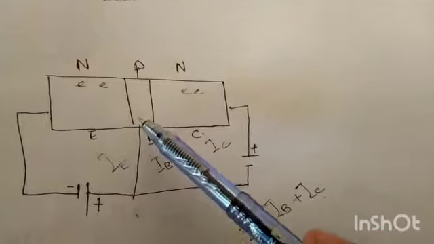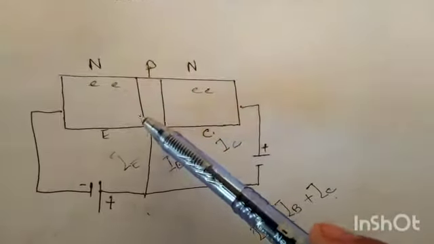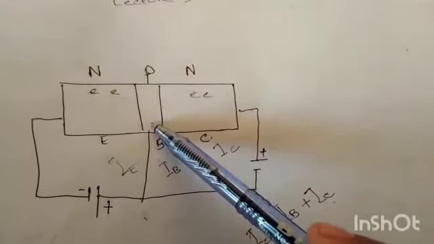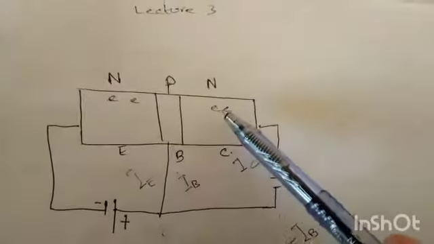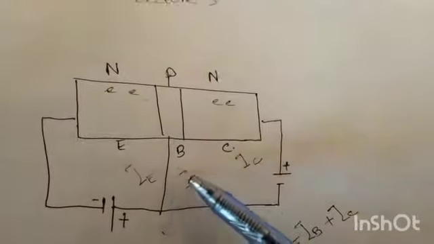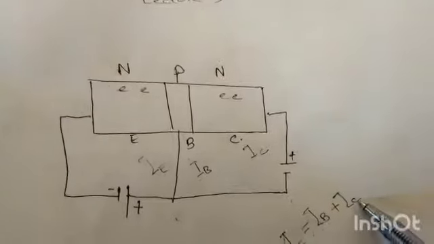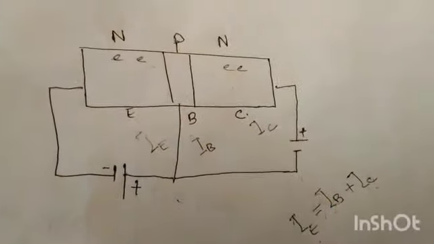But as we said, the base is a less doped region. Very few electrons recombine with holes in the base region. Almost all the electrons are collected by the collector. So we can say that the emitter current is almost equal to the collector current because the base current is very small.